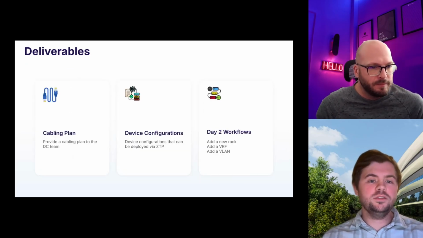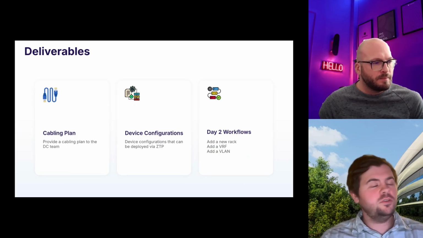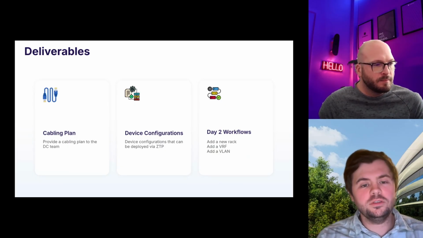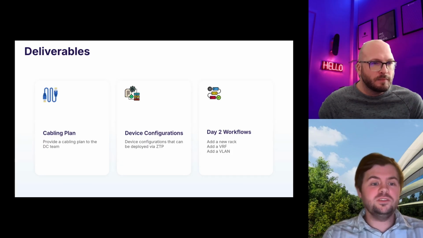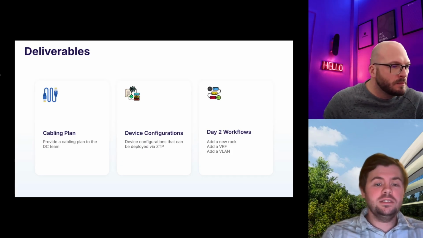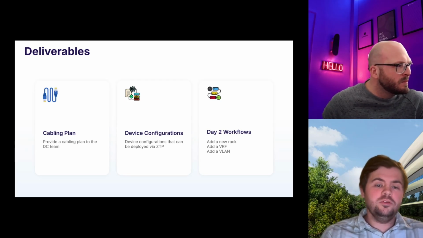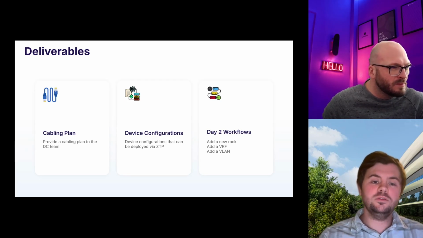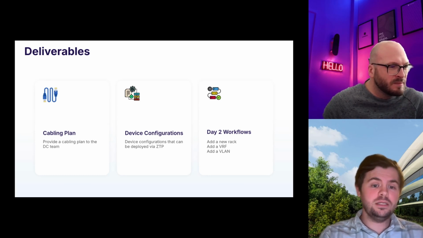Okay. So the key deliverables. So we had one of the main ones. The first one we had to deliver for the customer was a cabling plan. The physical building, the data center, and the first thing they'll do is start building structured cabling, and then they'll put devices in and start cabling up the different networks from the InfiniBand, the Ethernet, and the out-of-band network.